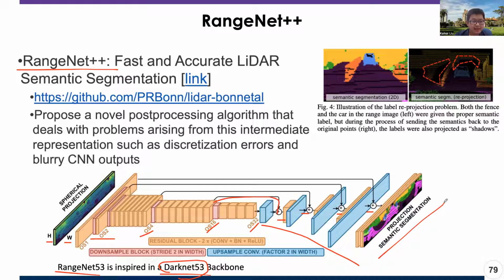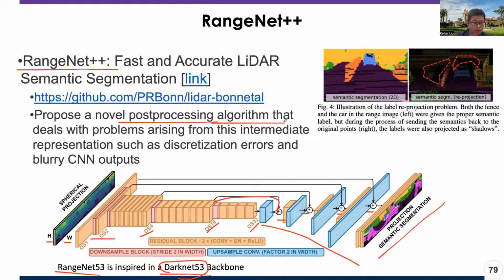This paper also has a second contribution, which is the post-processing. Instead of the conditional random field used in SqueezeSeg, they build a new post-processing algorithm based on the nearest neighborhood. This is a 3D GPU-accelerated nearest neighborhood search, and they find that this is actually much better than the conditional random field results.